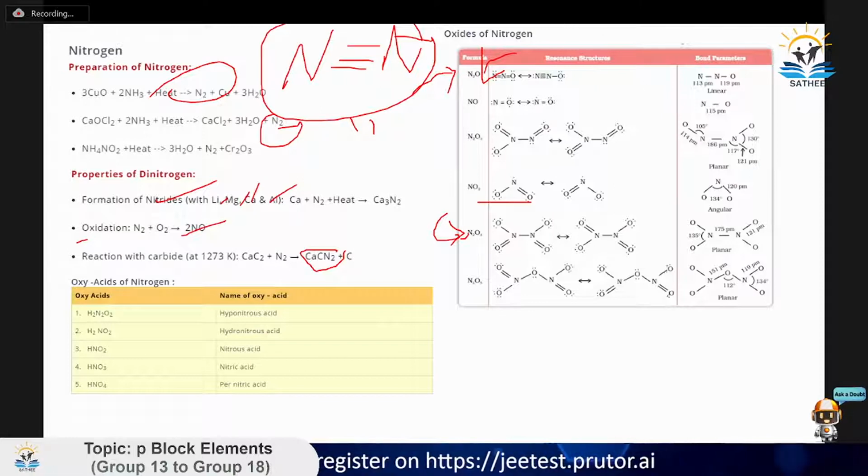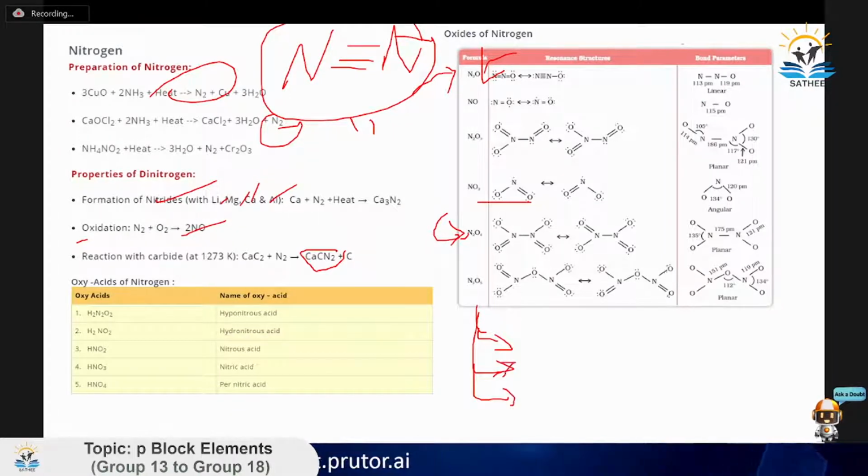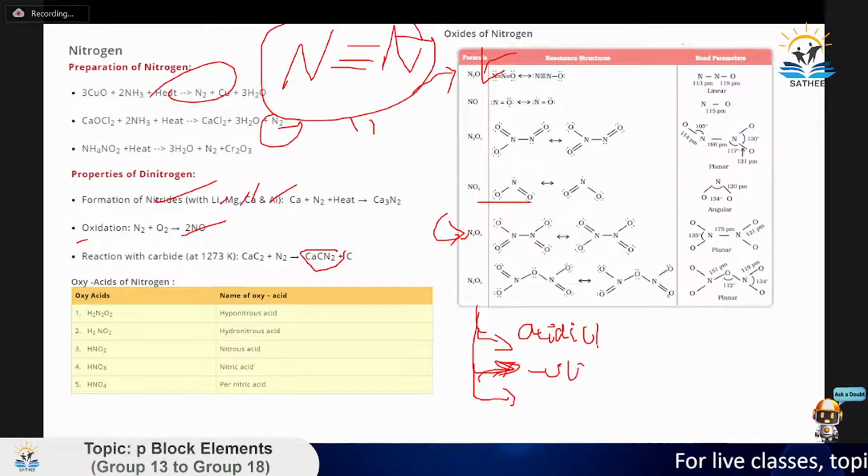A few things you will have to see from the next table in NCERT, to practice reading NCERT: which is acidic and which is not, what is the color, and what is the method of preparation.